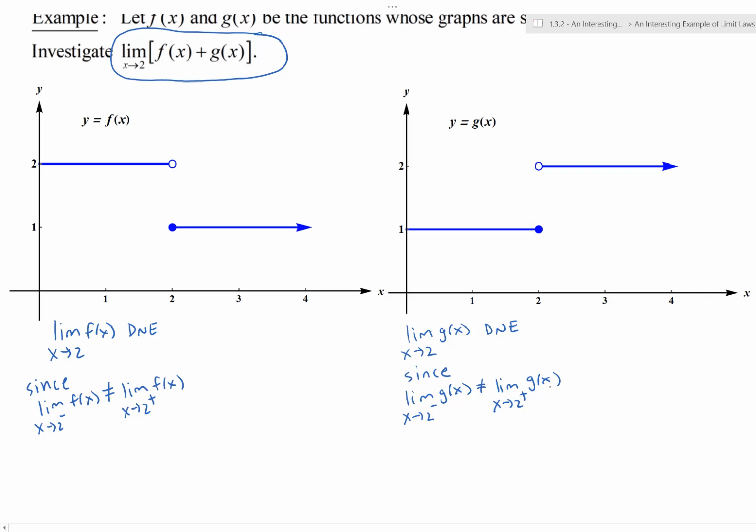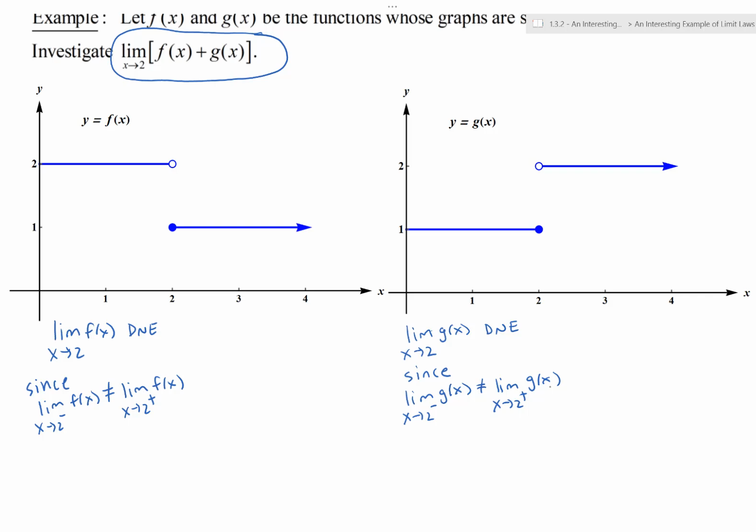So each of these individual limits do not exist as x approaches 2. And hence, we cannot use limit laws here. We cannot say that the limit as x goes to 2 of f of x plus g of x is the sum of the individual limits, because each of them doesn't exist.